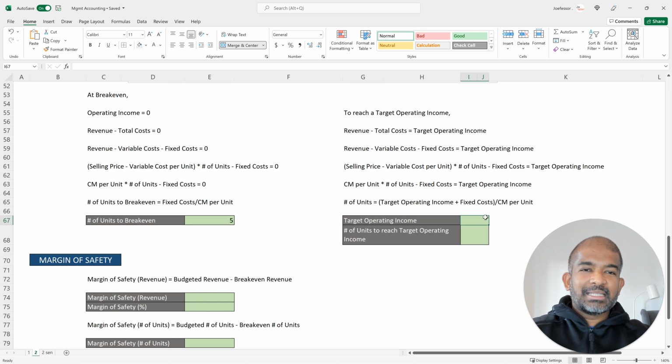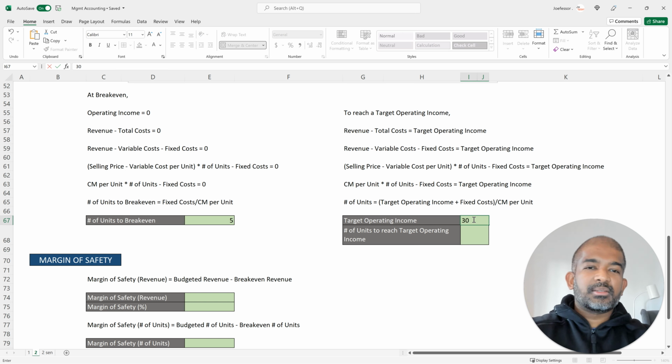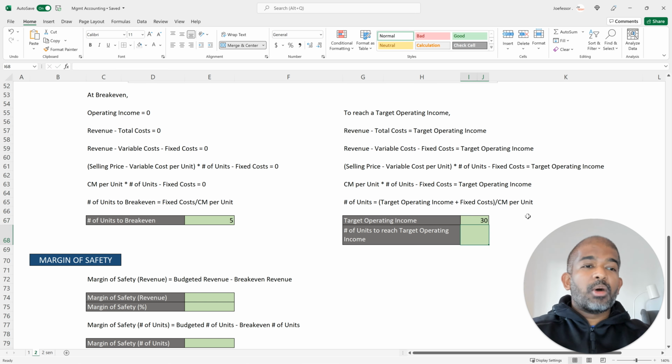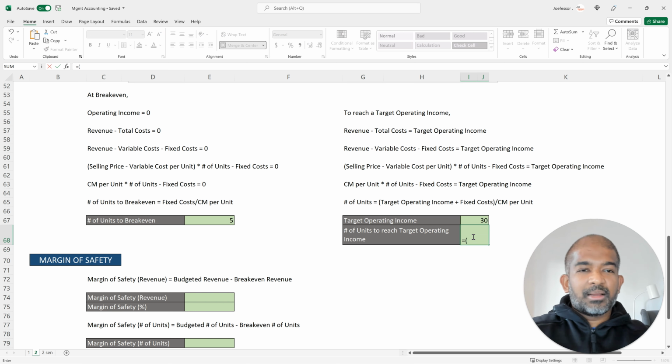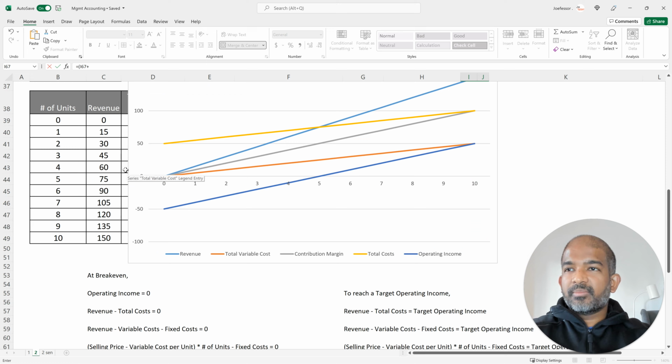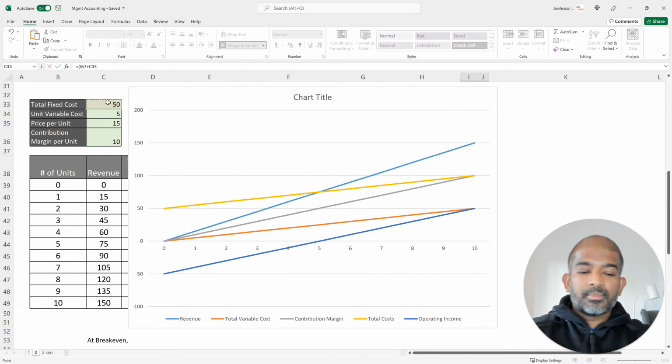Keeping up with the same example, let's say I want a target operating income of $30. Now, how many units should be sold in order to achieve this operating income of 30 is given by, I'm going to sum the 30 with my fixed costs and then divide that by the contribution margin per unit.